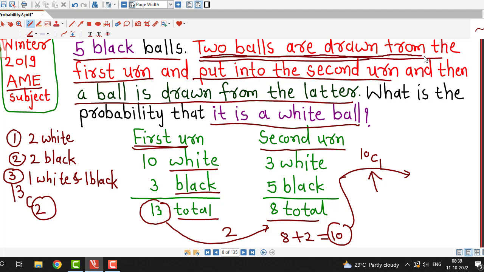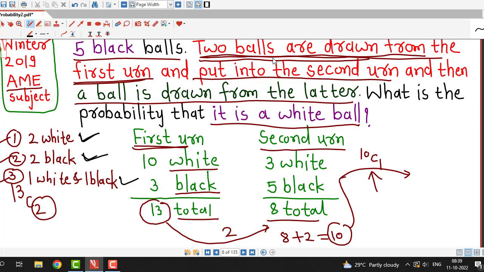I am talking about this event: two balls are drawn from the first urn. There are three ways in which this can be done, and it is clear that these three ways cannot happen at the same time. That is, we cannot select two white balls and two black balls at the same time.